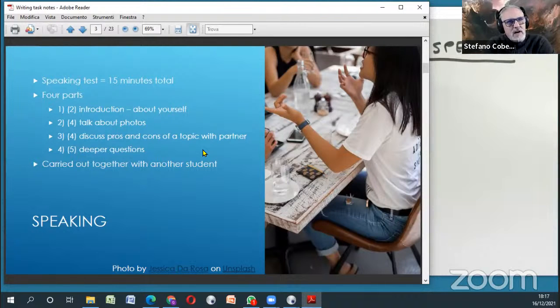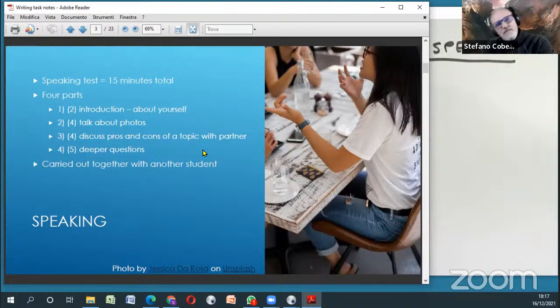Then there's the second part, where each student gets 3 photos, and you have to talk about them. At the end, when you finish talking, the other student will be asked to make a comment on your photos.